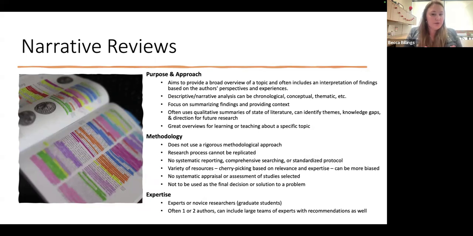These are very flexible review types as well. So you are looking at the state of the literature, though not in a very comprehensive way, but they are good for identifying themes, new trends in the research, issues that might be coming up in healthcare, knowledge gaps, and direction for future research.